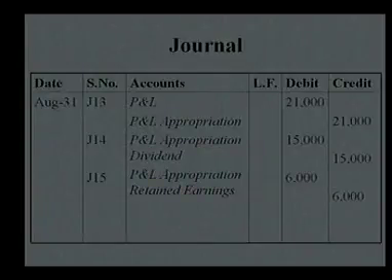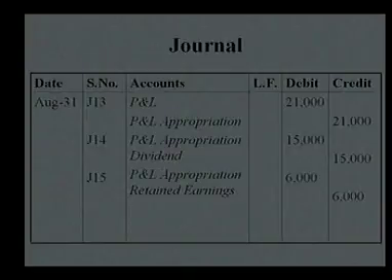These three journal entries are made as of 31st August. When you talk of profit and loss appropriation, it means how the company has decided to share the profit, how much part it wants to keep within itself as part of retained earning, and how much profit it wants to share with the stakeholders in the form of dividend.